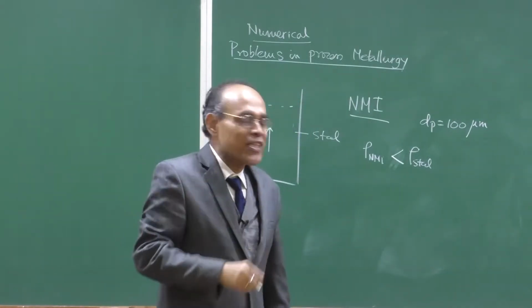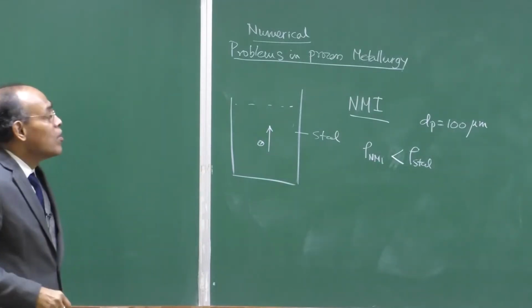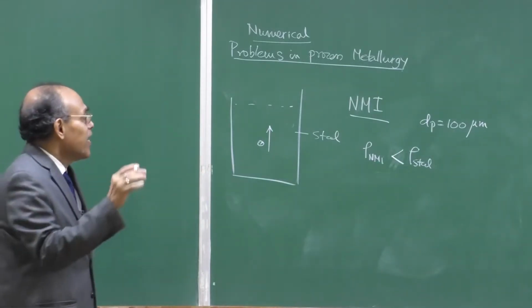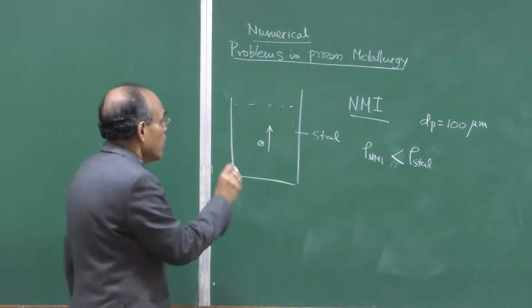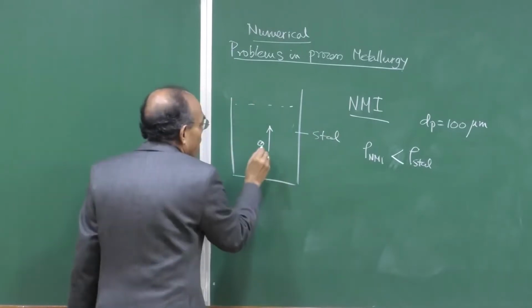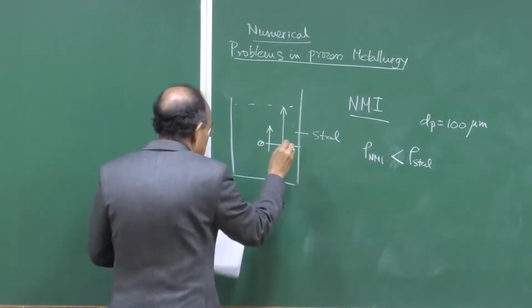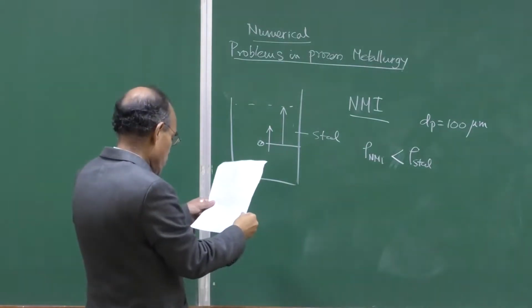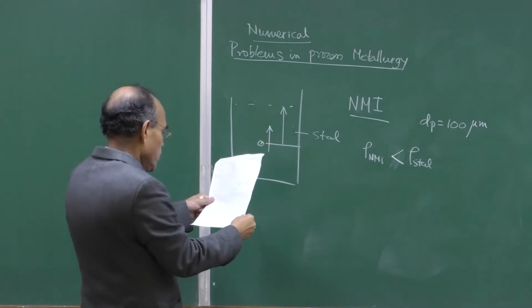So, a limiting calculation can be done based on Stokes law. The question that I pose is: examine the possibility of flotation of a 100 micron size particle over a distance of, say, 3 meter.